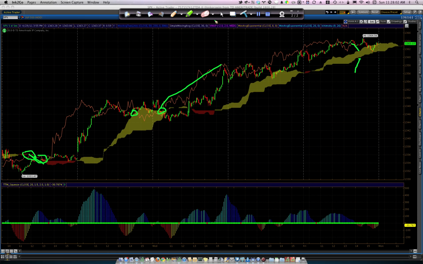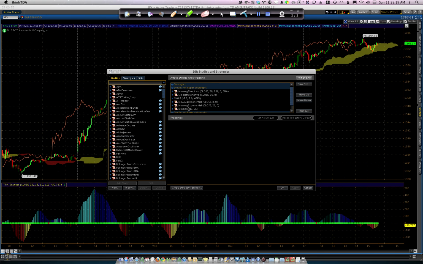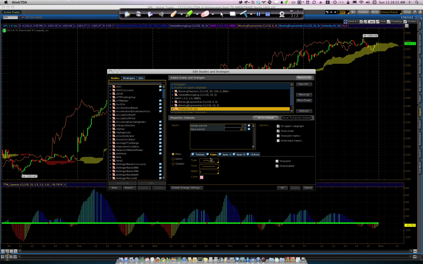There are two other indicators in the Ichimoku system that you want to take a look at, and these are called the Tenkan and the Kijun spans. So let's turn those on, because right now they're not showing. So we have the Kijun, and we're going to show it, and we have the Tenkan, and we're going to show it.